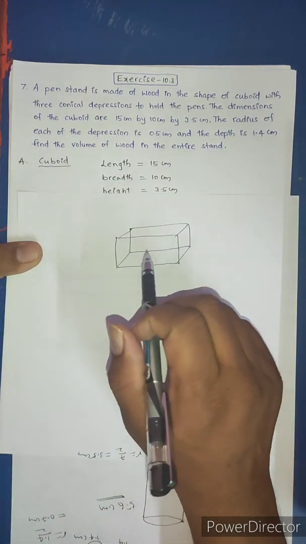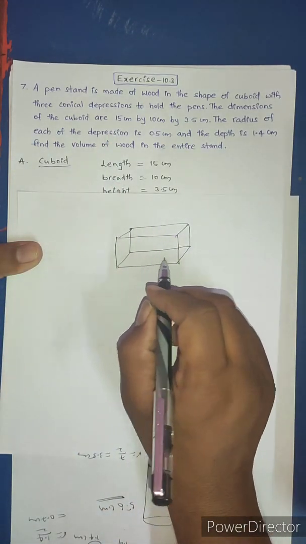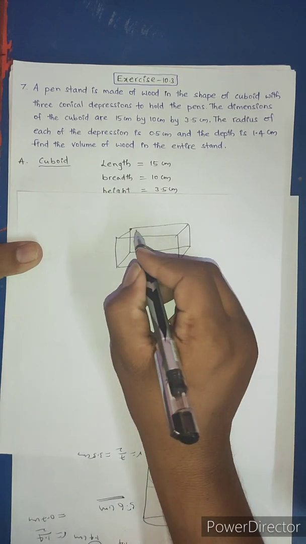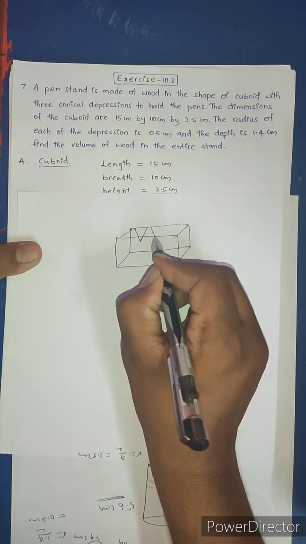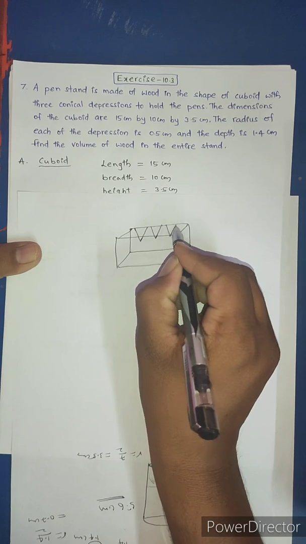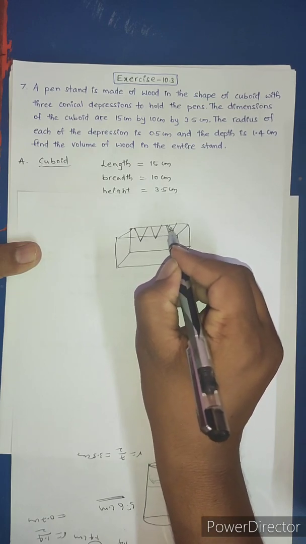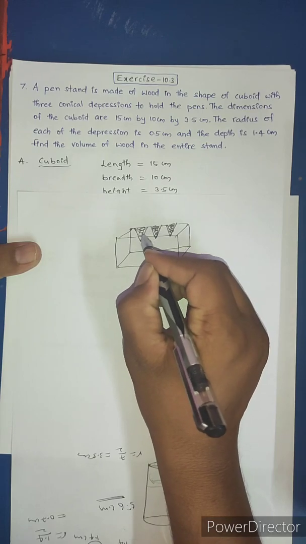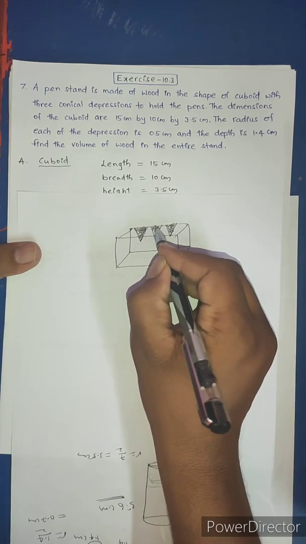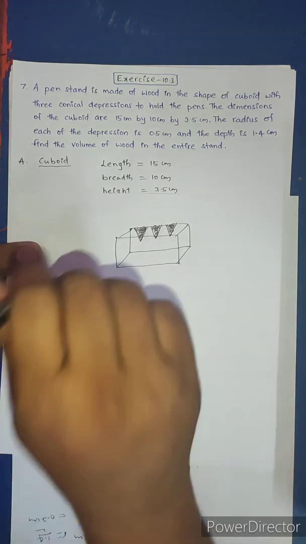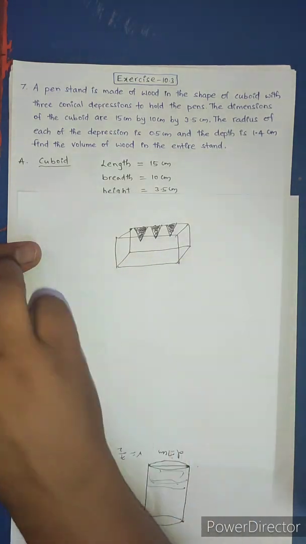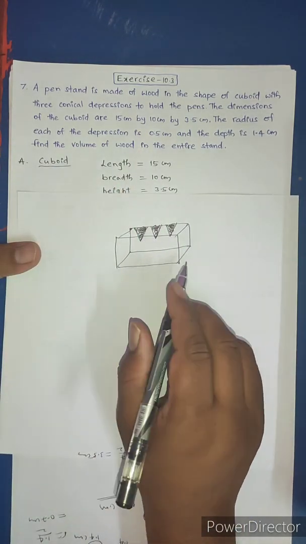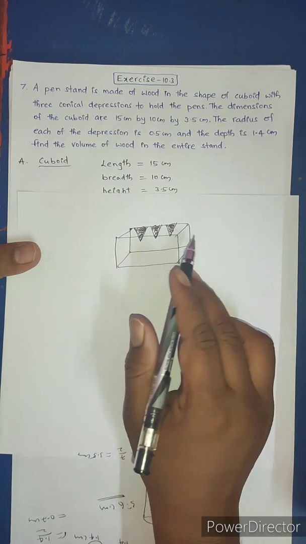A pen stand is made of wood in the shape of a cuboid with 3 conical depressions. Conical depressions means, to place a pen holder, like holes in this cuboid. Okay, there is no wood in these holes because they are to place pens. A pen stand is made of wood in the shape of a cuboid with 3 conical depressions to hold the pens.